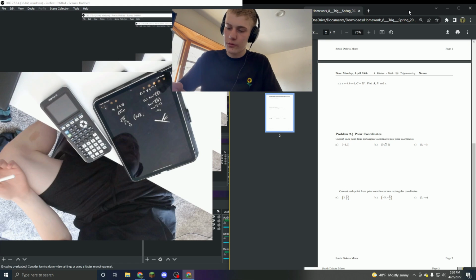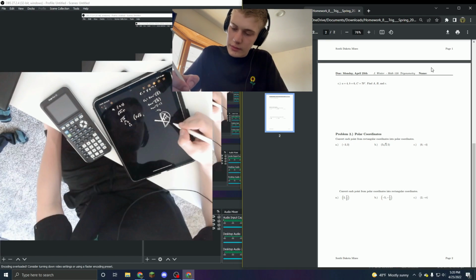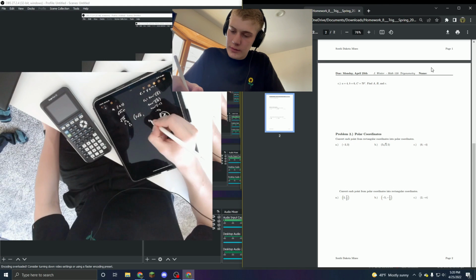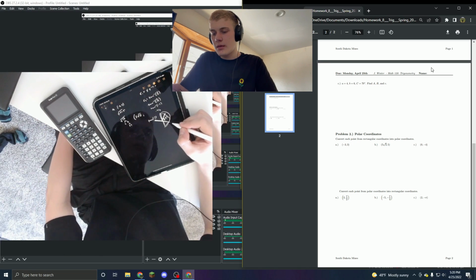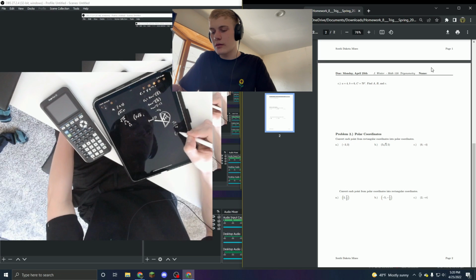Okay, so since you're only using this half, whereas this technically is tan negative 1, because you're only using this half, you're using 7 pi over 4, which is still 1.